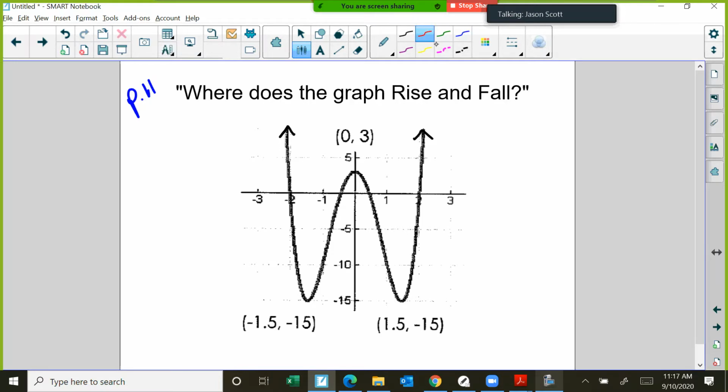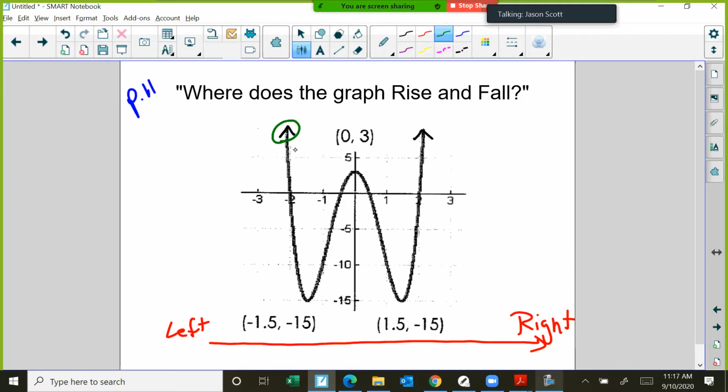Well, if we read this graph from the left to the right, and we start here on the far left and travel along that curve, we are falling. So the first part of this graph is a decrease interval. In other words, the y values are getting smaller.